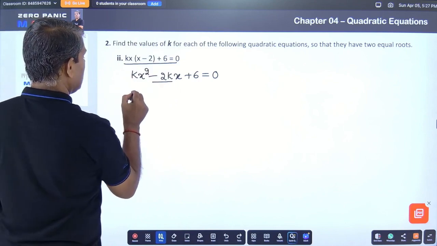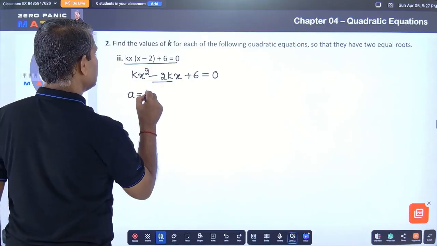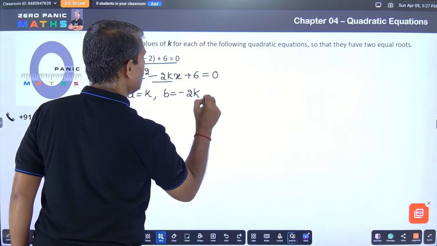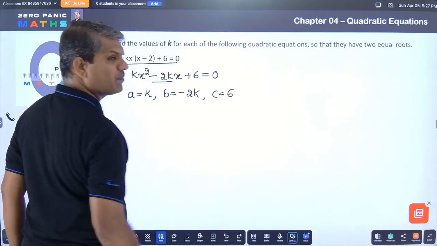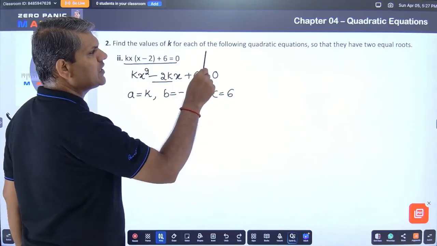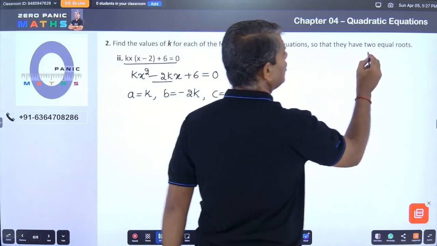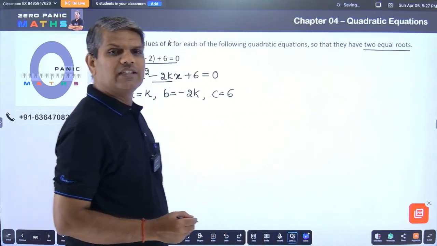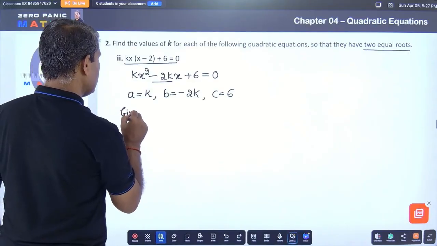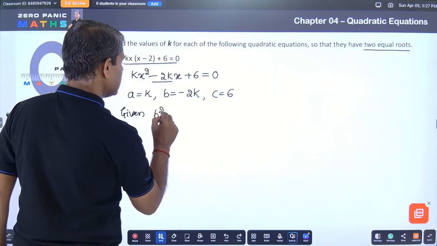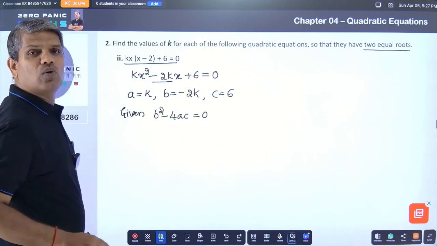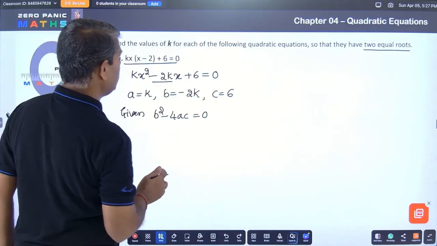Given this, a is k, b is minus 2k, and c is 6. Let us find out the discriminant. Since they already told us that the two roots are equal, we know that the discriminant is equal to 0. So b square minus 4ac is equal to 0, because the roots are equal, the discriminant will be equal to 0.